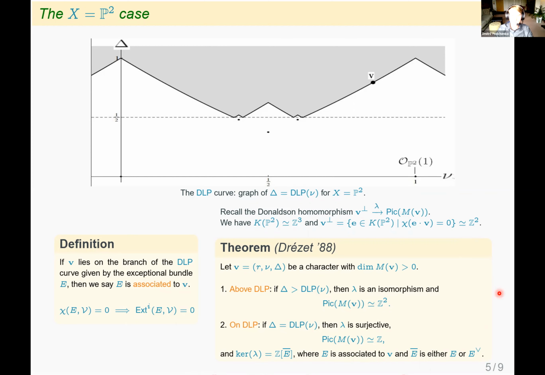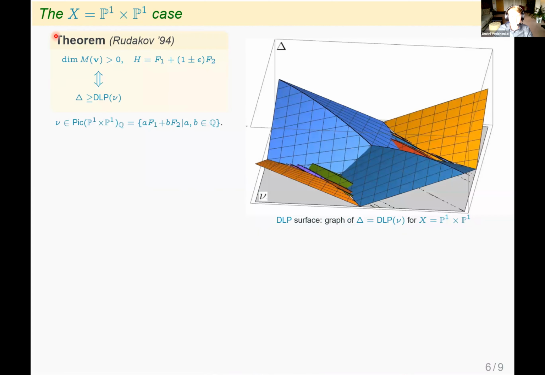So that's the P2 story, which could be summarized by saying that the Picard rank is totally controlled by exceptional bundles. So now we are finally ready to move on to the case I was interested in, the case of the quadric. The results about when the moduli space is positive dimensional carry over by the theorem of Rudakov, which again says that there is some numerical condition on the discriminant and the total slope which characterizes positive dimensional moduli space.